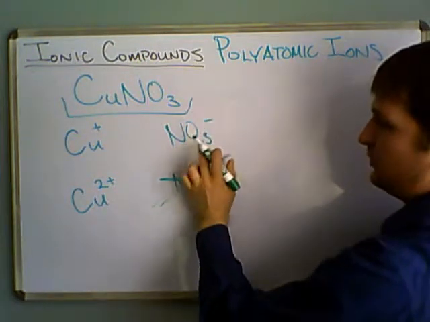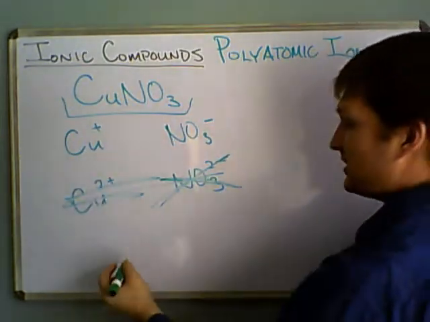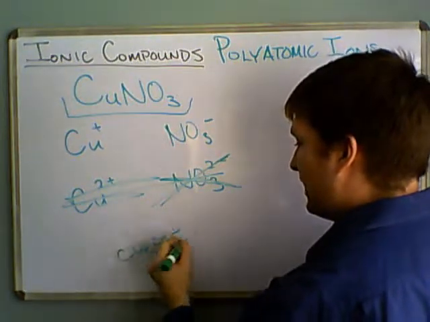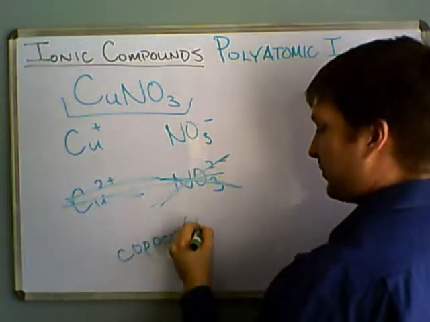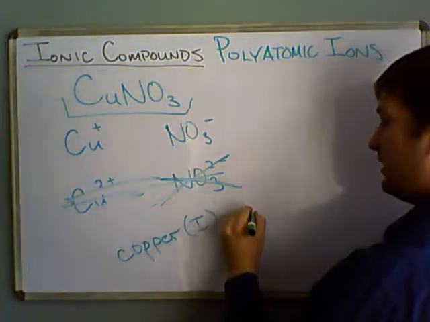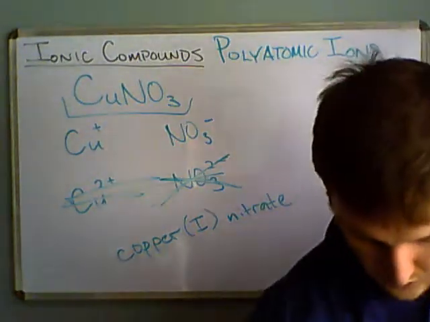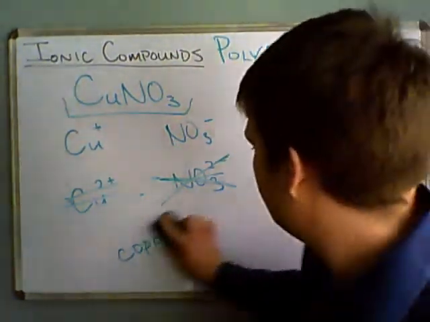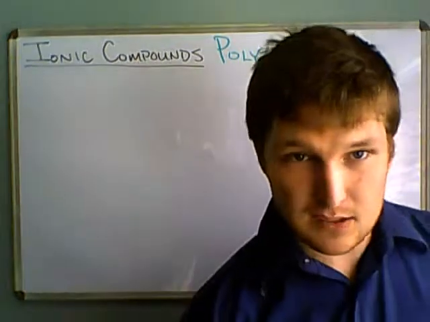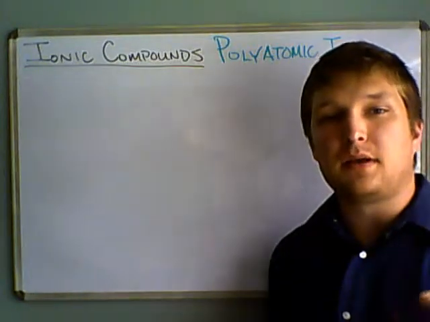It has to be this one. Therefore, it has to come from these, so that would be copper, and I'd have to specify it's copper 1, because there's a charge of +1, and then nitrate. So that's copper 1 nitrate. Now, the last one, I'm running out of time here, so I'm going to pick that up in the next video.